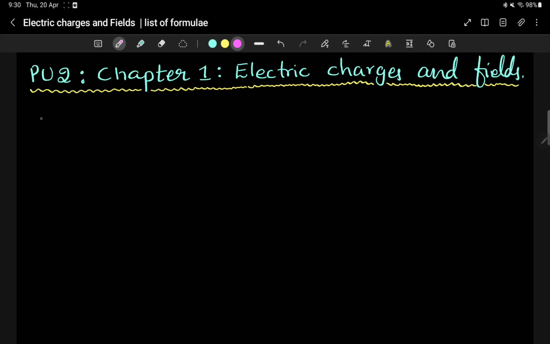So in properties of charges you have studied this formula, that is quantization of charge.